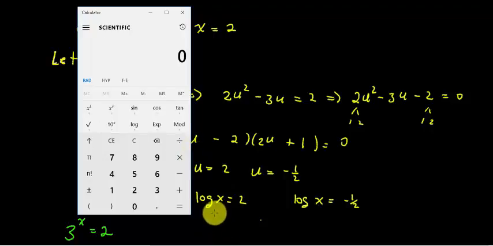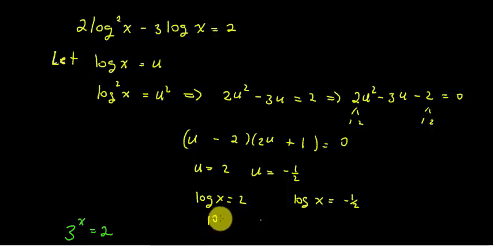So we want 10 to the power of what gives me 2, right? That's what we want. So actually all we would have to say here is log base 10 of x is equal to 2.